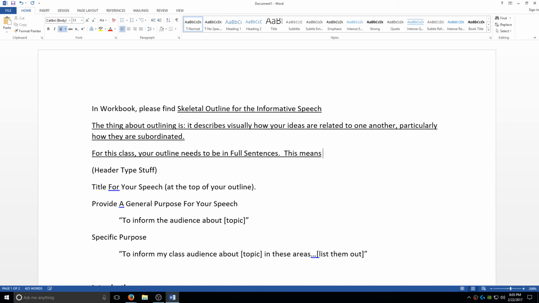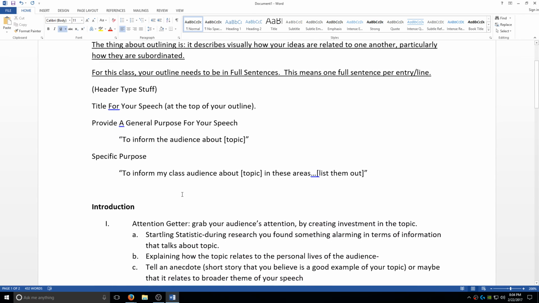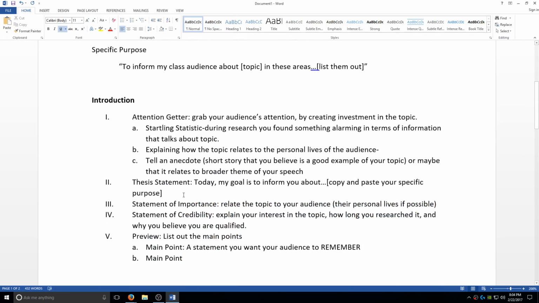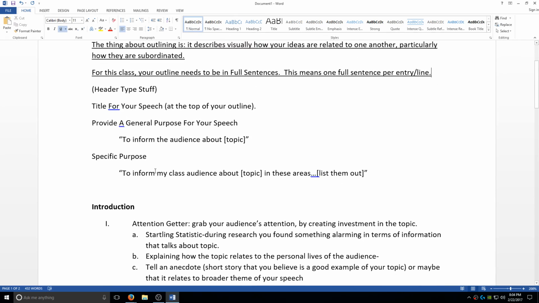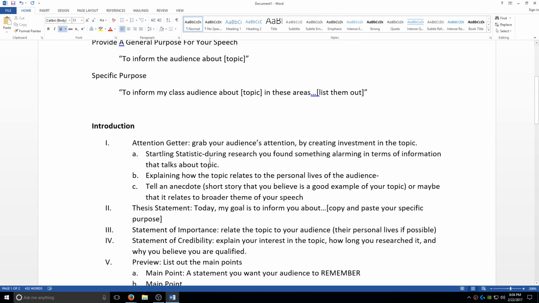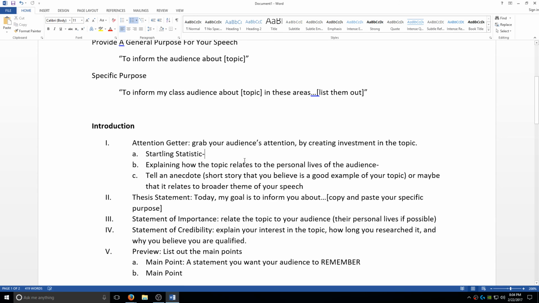This means one full sentence per entry line. This is different from a keyword outline, in which you would do something more like this. I'll just do a quick example.